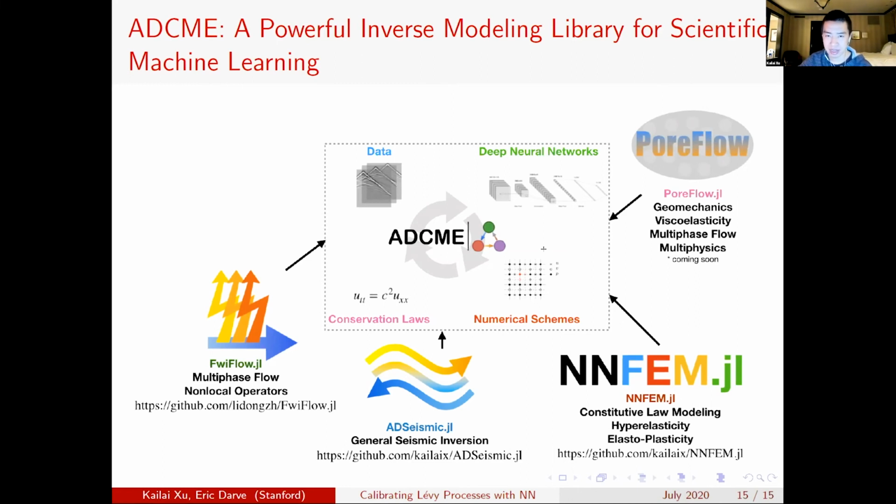For this Lévy processes work, we combine the neural networks and the numerical schemes in a single framework, and do the gradient-based optimization using this software.